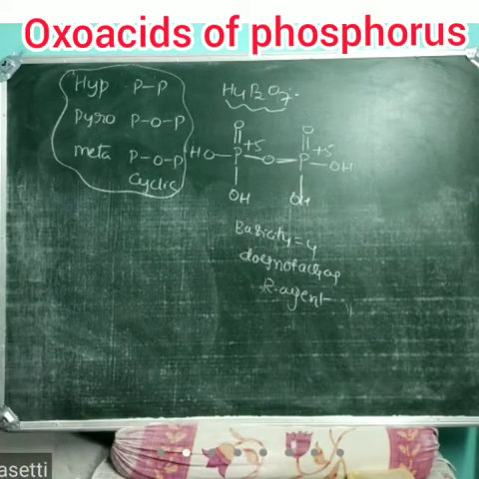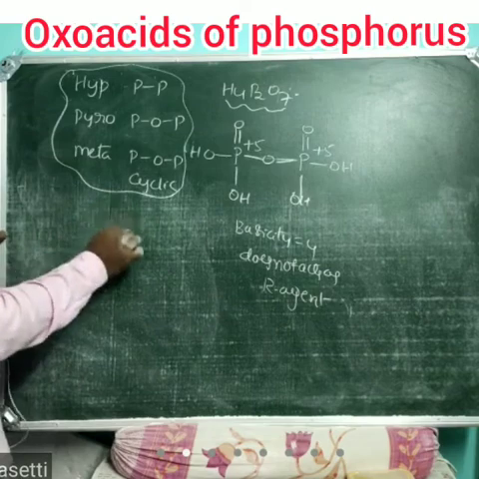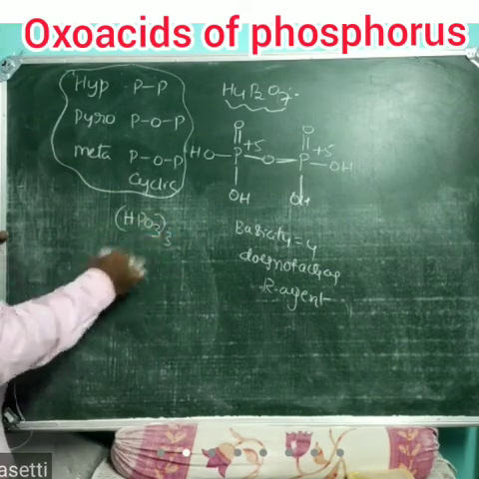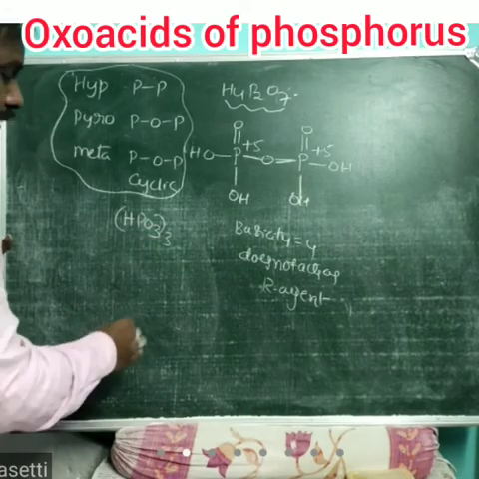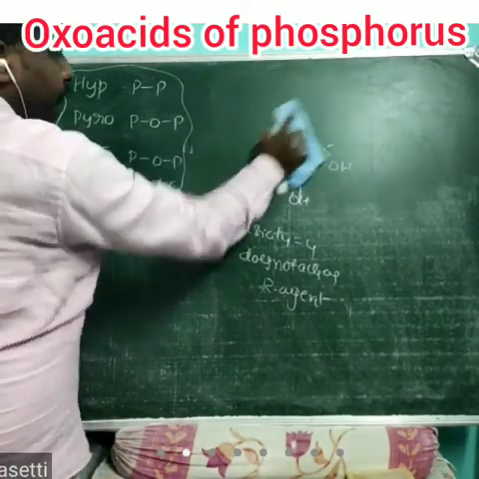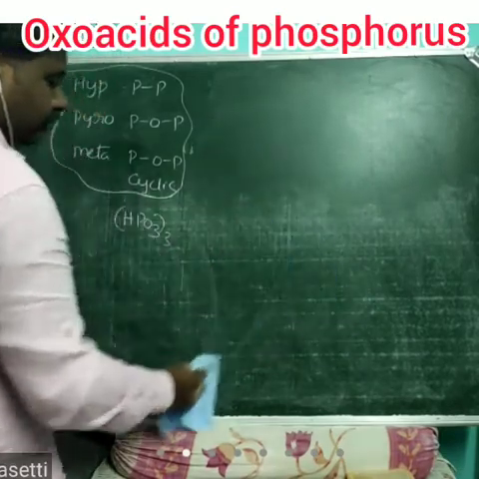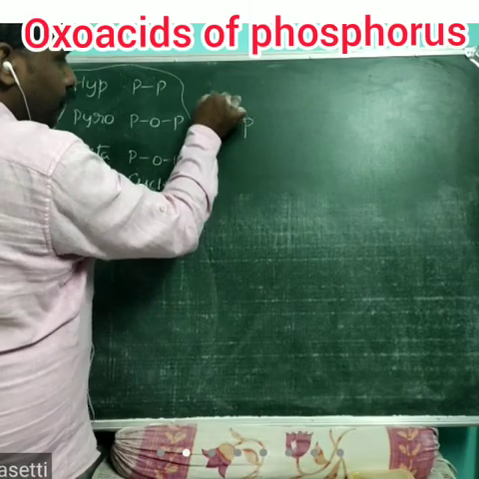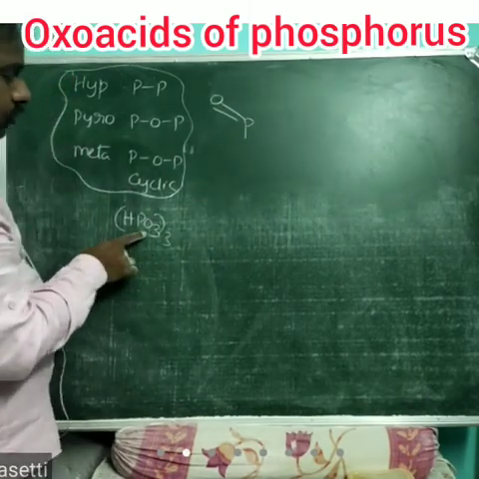Next, metaphosphoric acid. Already I told you metaphosphoric acid exists in polymeric form, that is, in a cyclic structure. Let us see the cyclic structure of metaphosphoric acid. This is 1 phosphorus and it contains 1 OH. Here 3 oxygens are there.